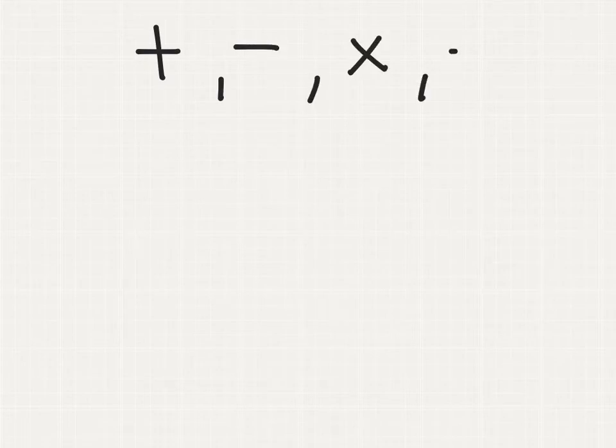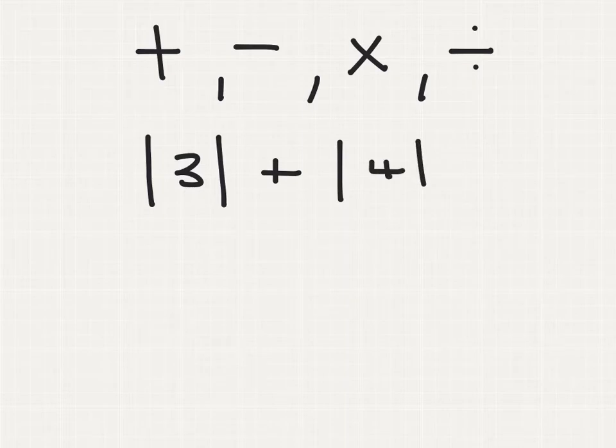Now let's take a look at some operations involving absolute value. Absolute values can be added, subtracted, multiplied, or divided. Here's an example. What is the absolute value of 3 plus the absolute value of 4?